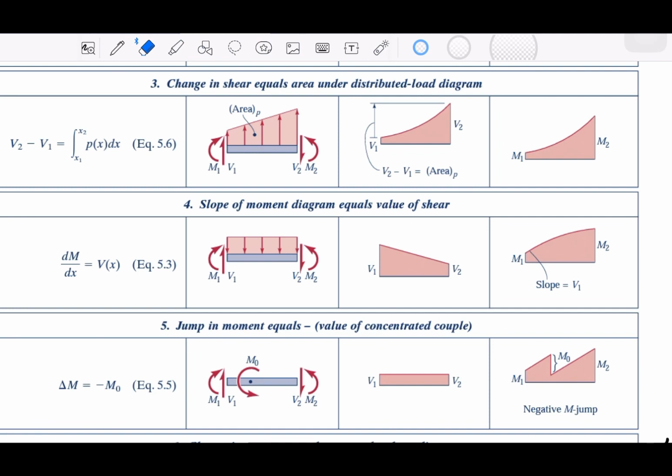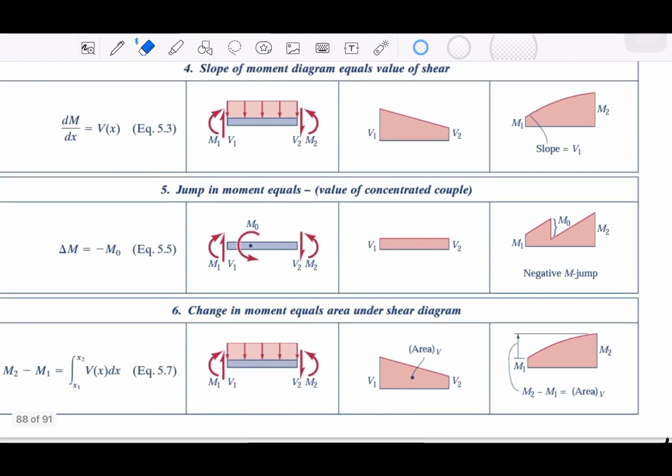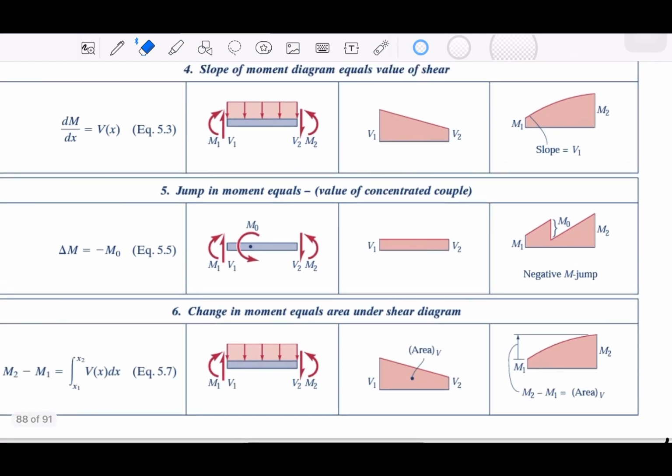And then another one: change in moment equals area under the shear diagram. So there are some expressions throughout here.